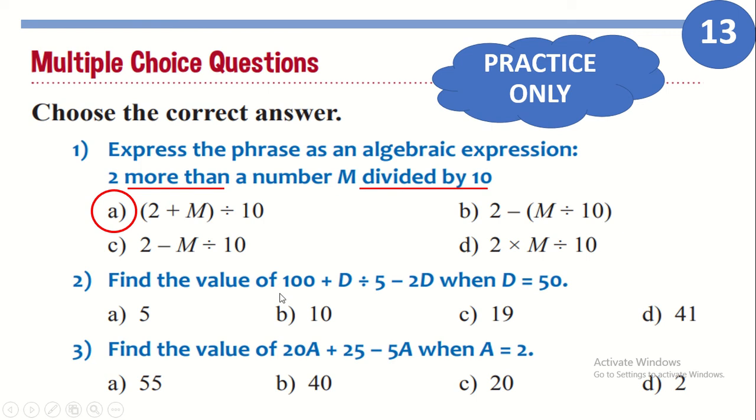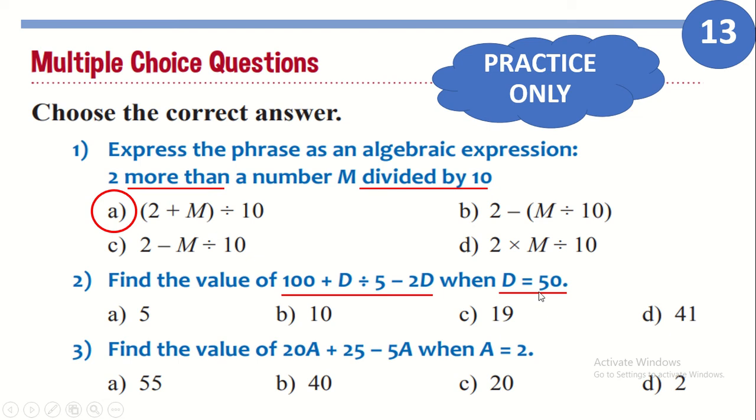Find the value of 100 plus D divided by 5 minus 2 times D when D is 50. How do you solve this one? Look at my solution here, Master George. You have here 100, this expression. Then the D is 50.